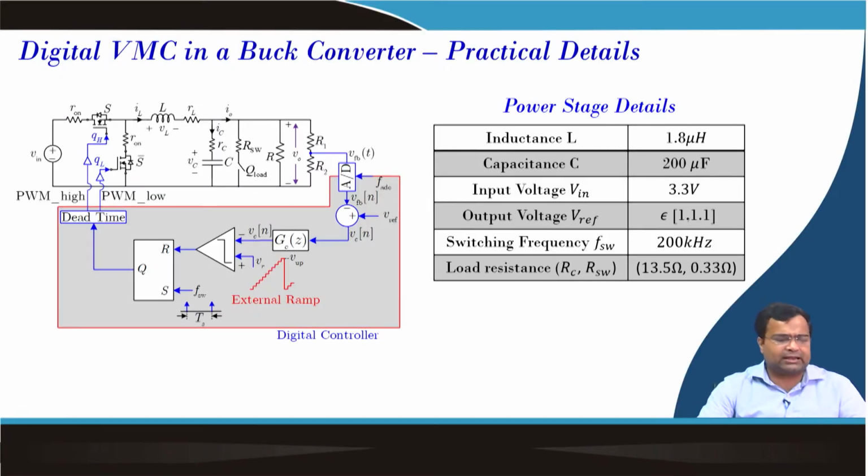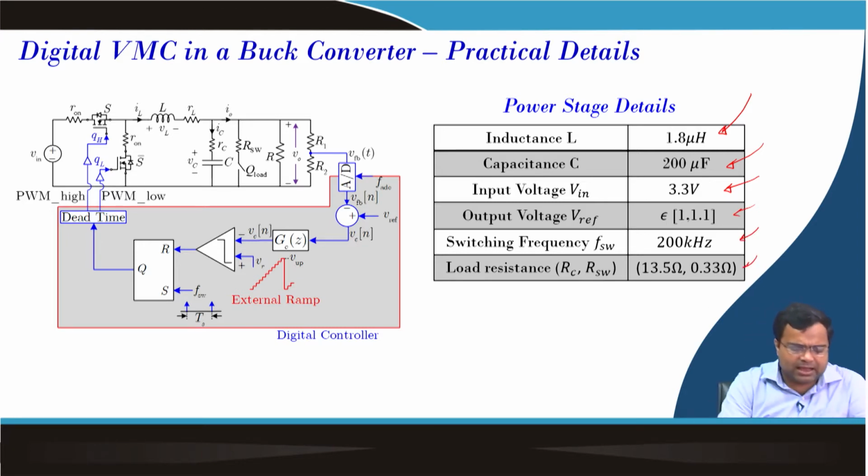So, if we recollect our digital voltage mode control with power stage, all the simulation case studies will be considered consistent with the experimental case study. That means we will take the experimental prototype inductor, capacitor, input voltage, output voltage, switching frequency and the load resistance, and this we have discussed multiple times. This is the architecture of digital voltage mode control.